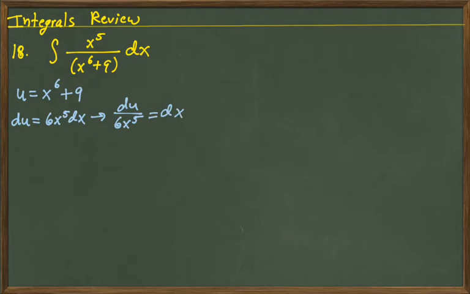The idea of any sort of substitution, U substitution or trig substitution, is to replace everything in terms of x with something in terms of u, or in terms of theta if you're doing trig substitution later on. So you have x to the 5th still there, and then x to the 6 plus 9 is u, and then dx is du over 6x to the 5th.